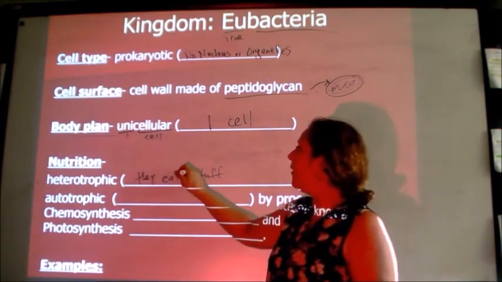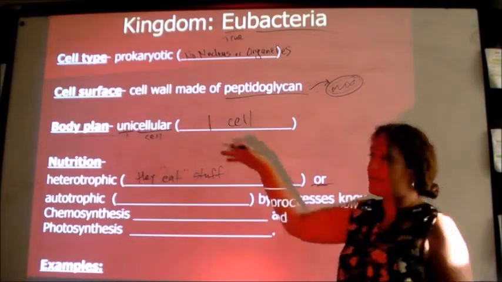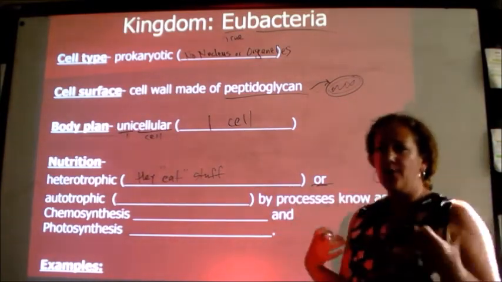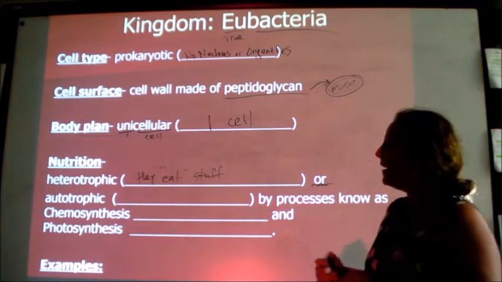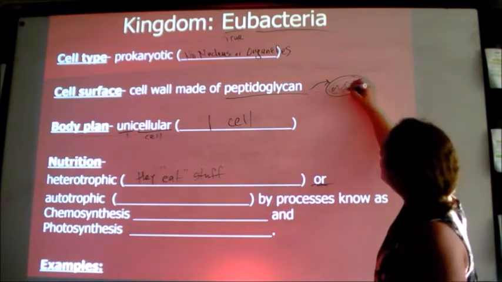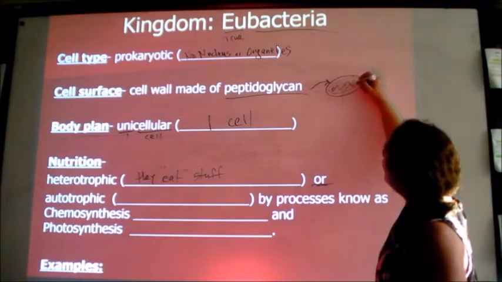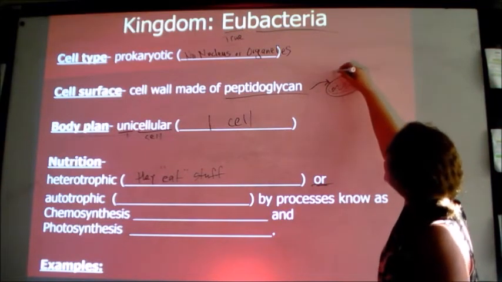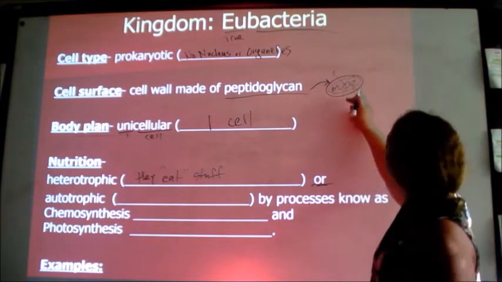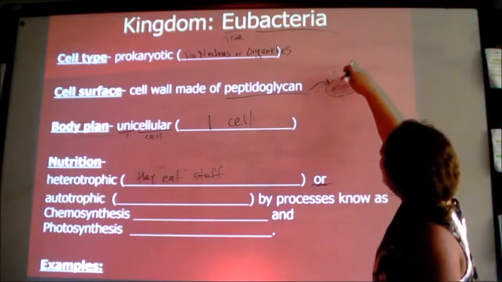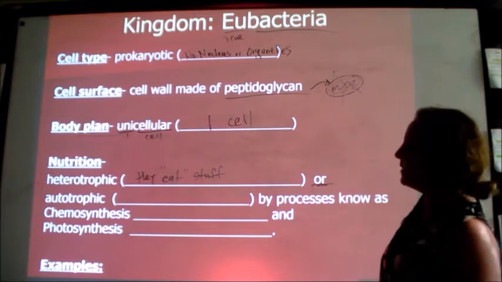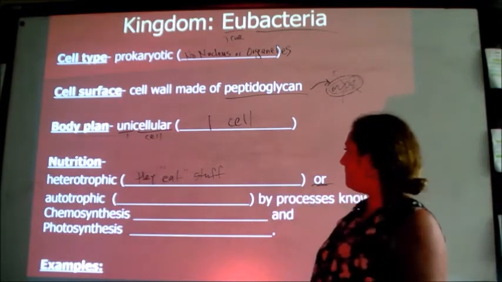Now, they don't have mouths because they're only one cell big, so they take in nutrients through diffusion, through osmosis. If you remember that, water and nutrients go in and waste products come out. It just diffuses right through the tiny little holes and pores all over the surface of the cell. So they have to eat stuff.